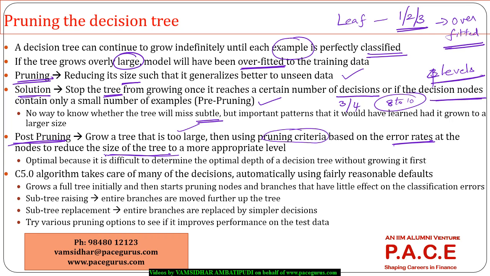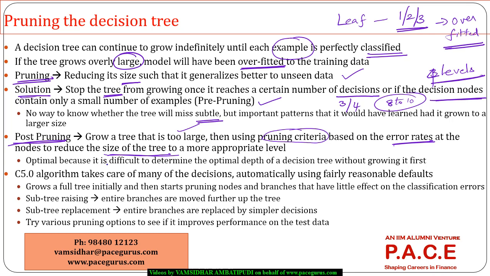Should I cut it after 3 layers, 4 layers, 5 layers, after how many levels I should typically cut the tree. So that could be a kind of a decision I can take after I allow it to grow to full size, looking at the error rates of classification across each of the levels. I'll take a decision in terms of what should be an optimal size for this particular tree.